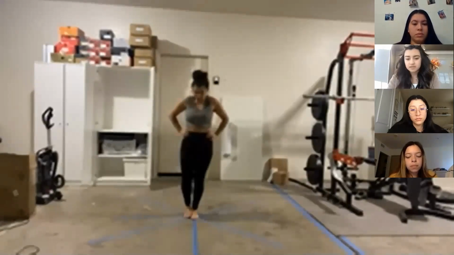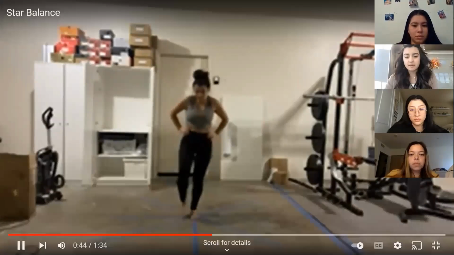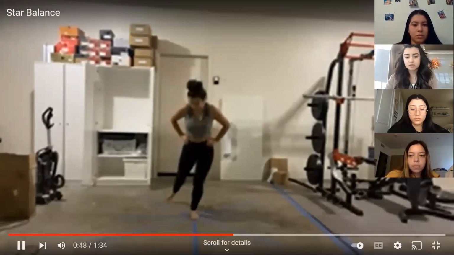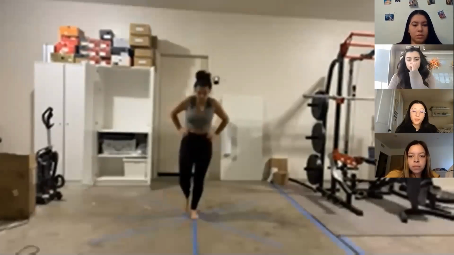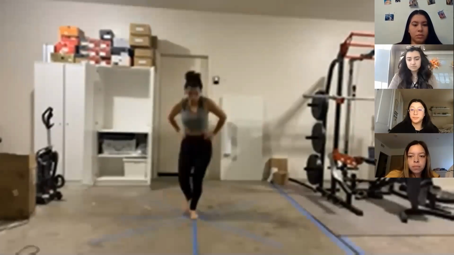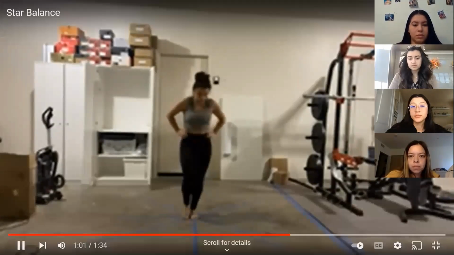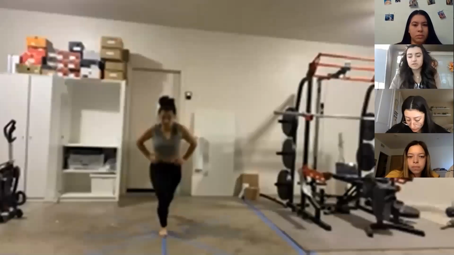And fast forward a little bit. So as you can see, you can still see the knee valgus. So this is on the right side.